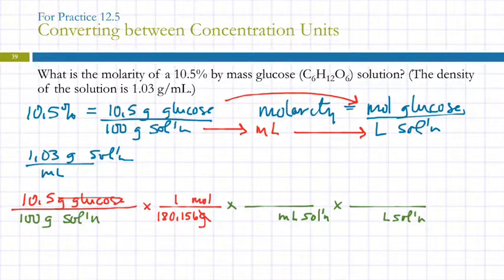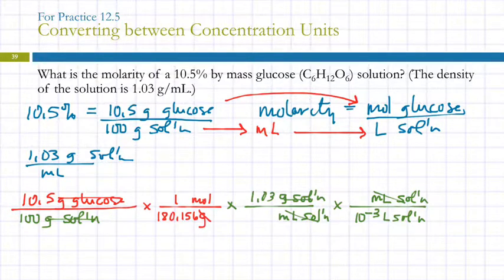We're just looking at the bottom. To cancel grams of solution, I put the grams up here. So what's down there cancels up here. And then I need to get rid of milliliters, so that's going to go up there, milliliters of solution. And then I have to put numbers in. Well, milliliters to liters, that's a metric conversion. Milli means 10 to the minus 3. This grams per milliliter, that's the density that was given, 1.03 grams per milliliter.